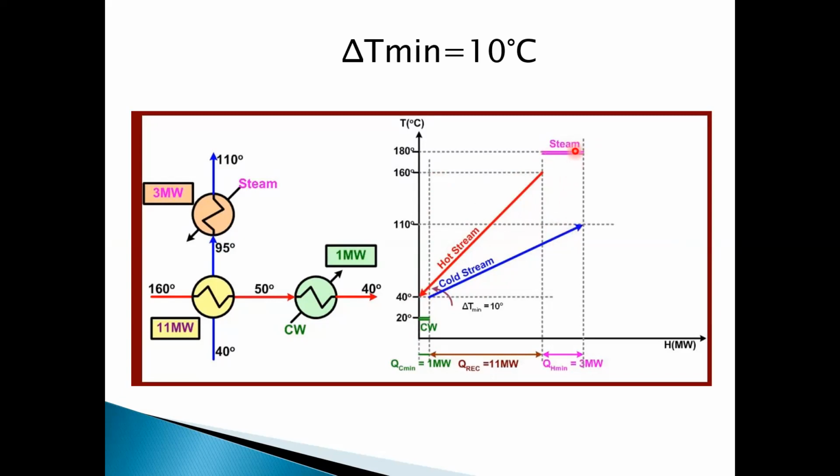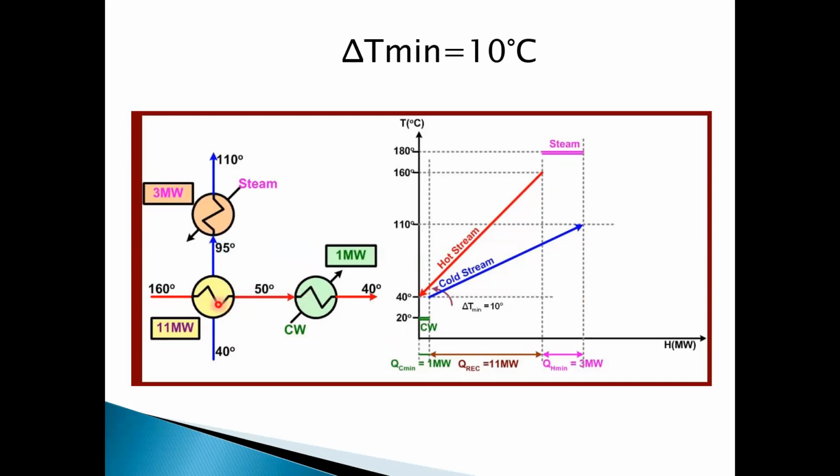So theoretically, how many heat exchangers do I need? The minimum number of heat exchangers theoretically here. 3. I have one process to process and 2 utilities heat exchangers. This is a process to process, and that is utilities.